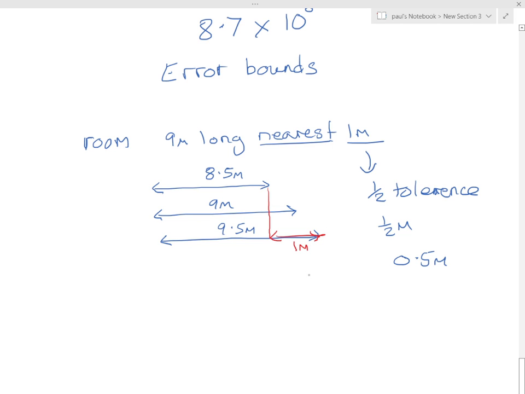So you go half up and half down. So imagine now we baked a cake, and the cake is 2.5 kilos to the nearest 10 grams.